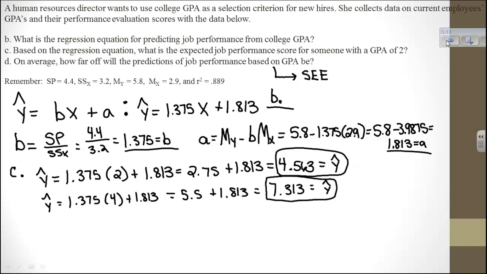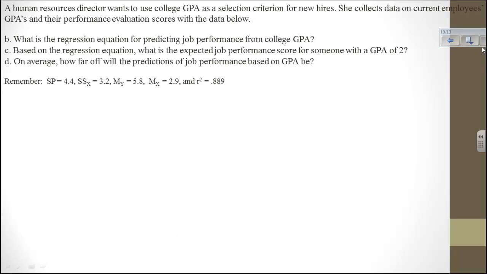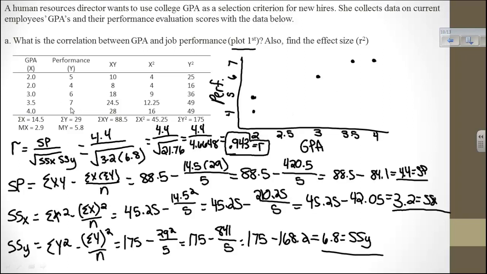Now, let's go back. Okay, so yeah, 7.313 is above that performance for somebody with a GPA of 4 in our actual data set. But let's go ahead and plot this out, just as an extra step.